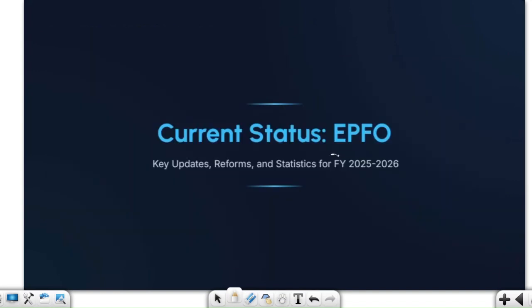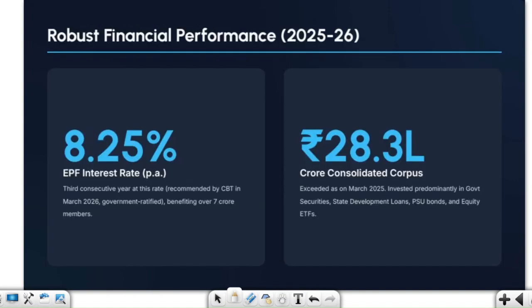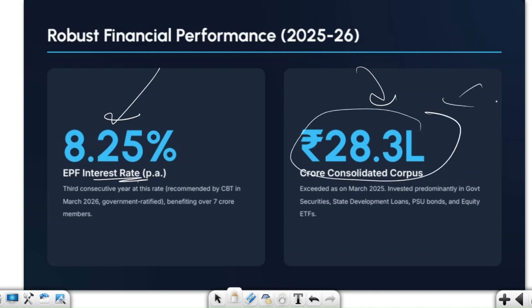Then let us talk about the current status of EPFO. As of now, they are providing an EPF interest rate of 8.25%, okay. Then we are also talking about a 28.3 lakh crore consolidated corpus, basically the amount everybody has been contributing into this EPF, right? So now we have a corpus of 28.3 lakh crore.